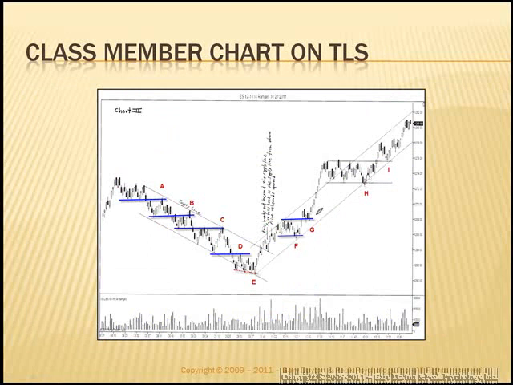We drive up off of the bottom, we hold, we push up, we hold, right? How different is it from this? We drive up, we hold, we push up, we hold. This is structure. These are great trades.